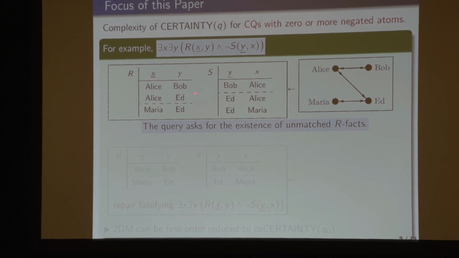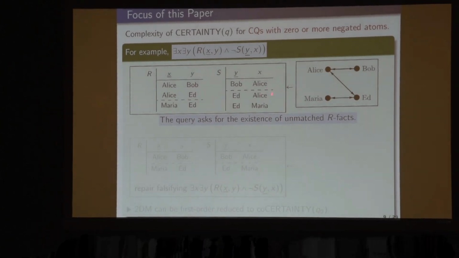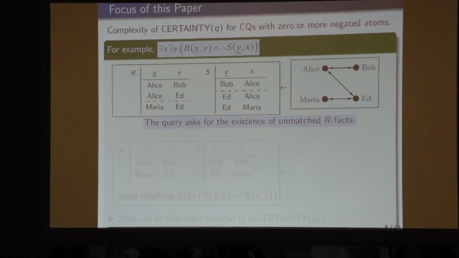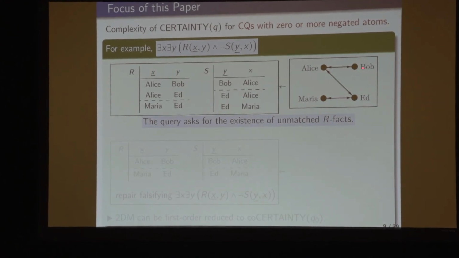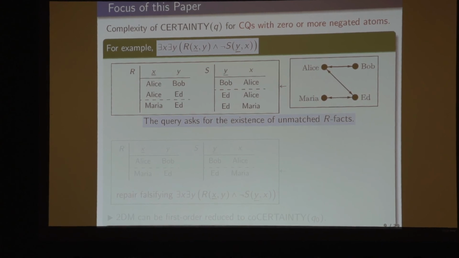You can look at this as Alice can choose between Bob and Ed, and Ed can choose between Alice and Maria, and so on. Then you can look at this as a matching problem. You have an arrow from Alice to Bob because Alice can choose Bob and vice versa. And then the query asks whether there are R tuples without matching S facts, so whether there are unmatched R facts.